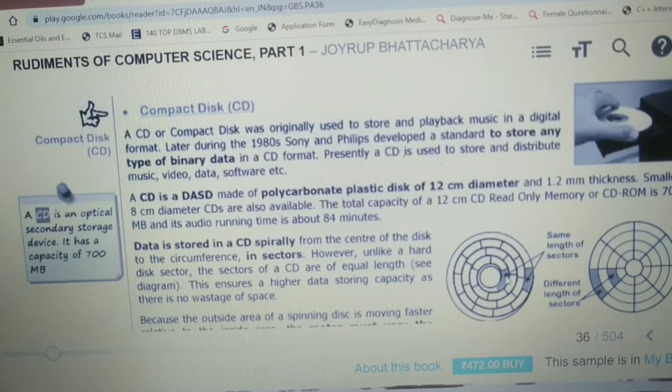Each sector has the same size of memory, so there will be no wastage of memory. A CD-ROM drive is used to read the data from a CD.